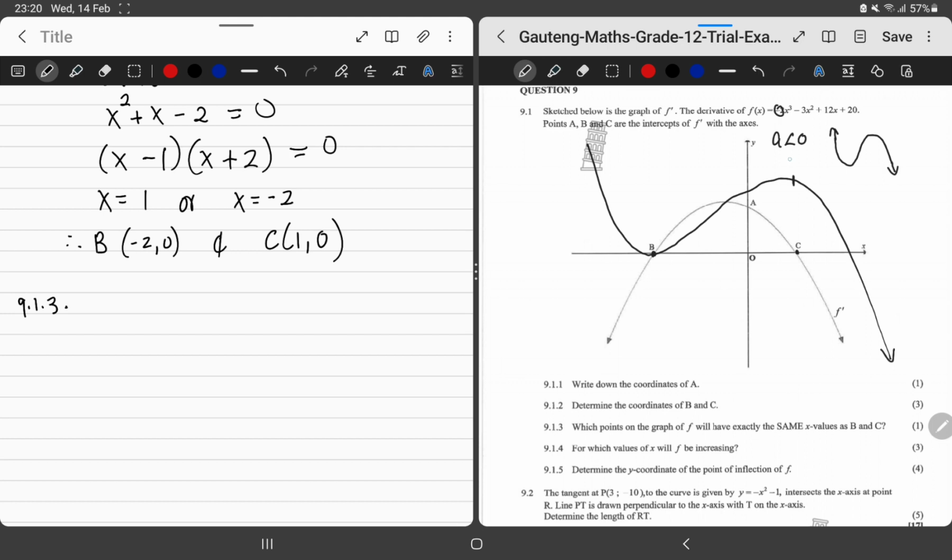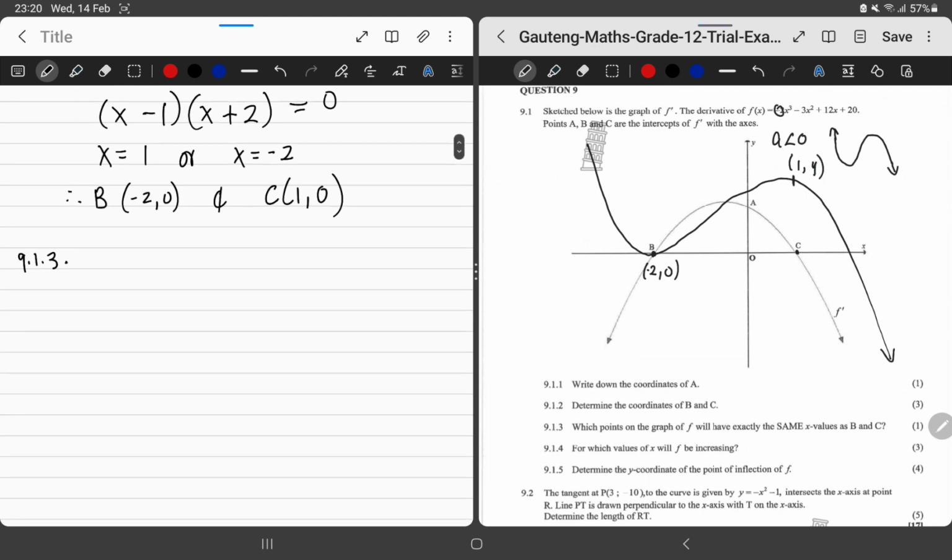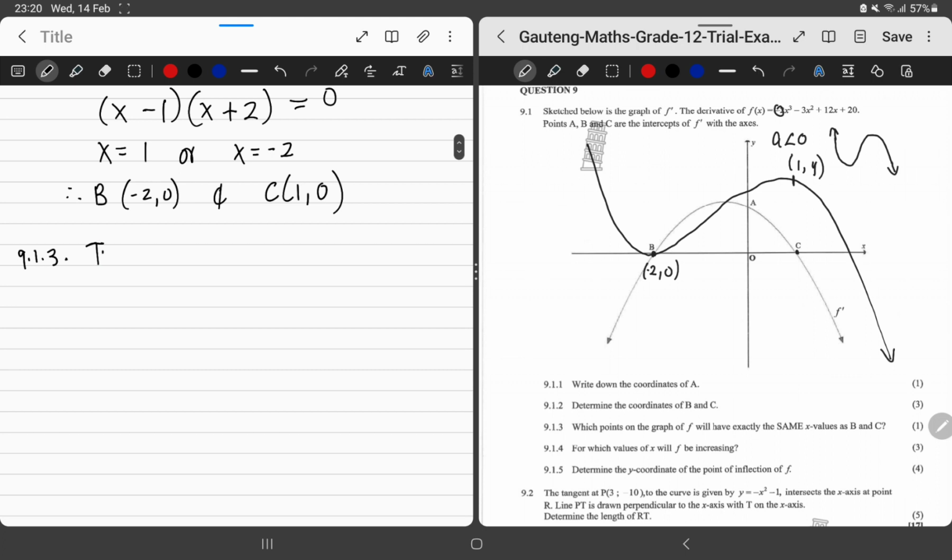And then the x values of the turning points will be x = 1 and x = -2. So the turning points will have the exact same x values as B and C.